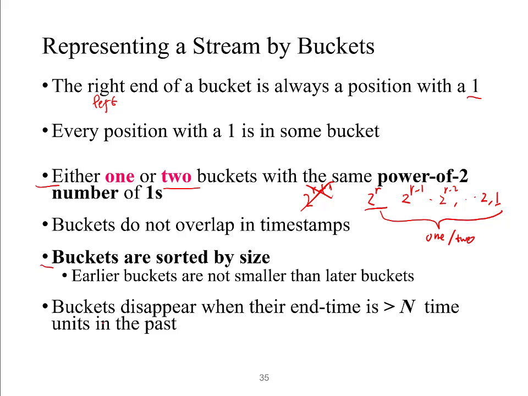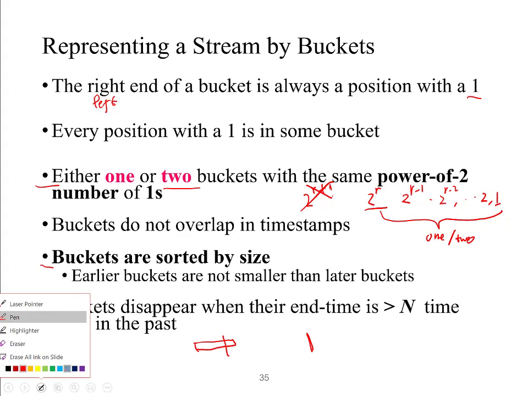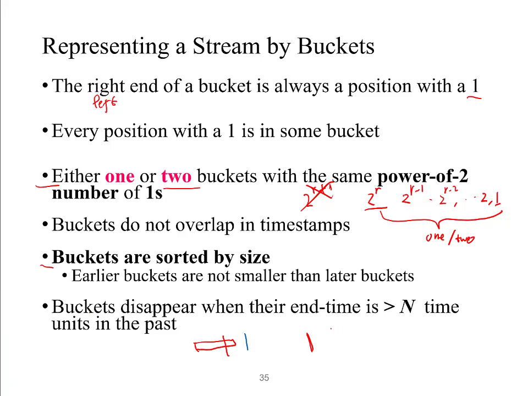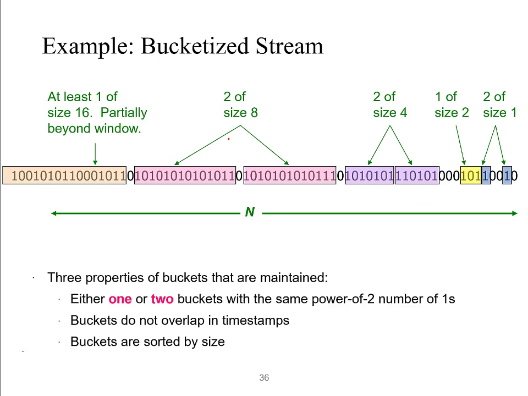Basically, the idea is that if this bucket is out of the window, say the window's here, originally the bucket is like here, and when the window comes to here, then this bucket can be discarded. So that is the idea. Let's use an example to explain this.